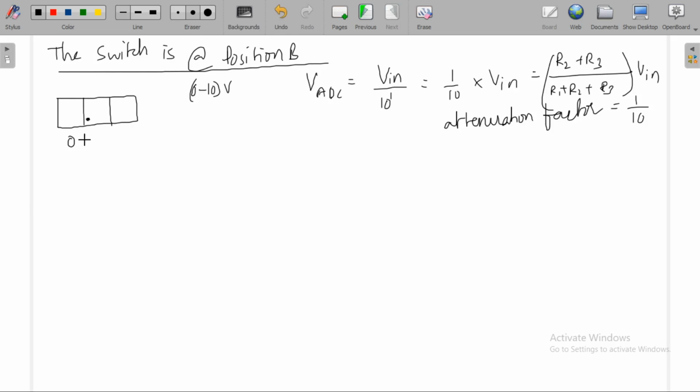Then this displays 0.00, 0.01, 0.02 and so on, up to 9.99. Anyhow, this 7 segment displays from 0 to 9. Again this will also display 0 to 9.